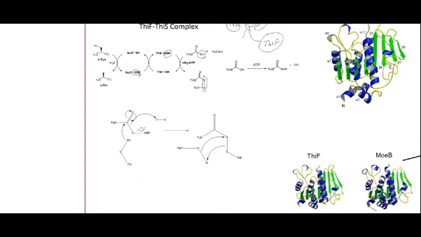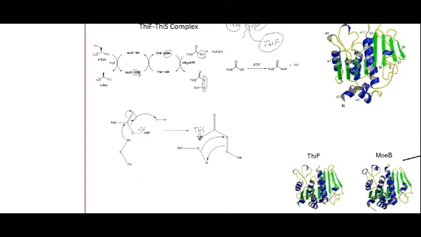This right here should be our ThiS. This is something else I whipped up in ChemSketch, so that's why there's that mistake there. This should be the ThiS there, right there. So then ThiF comes in and sort of displaces the ThiI.